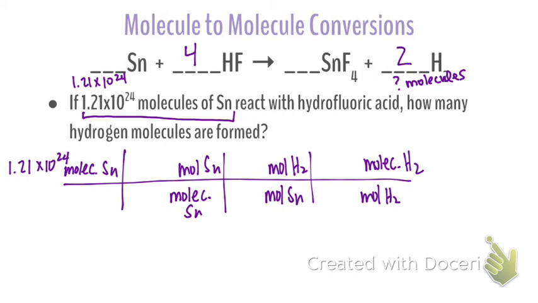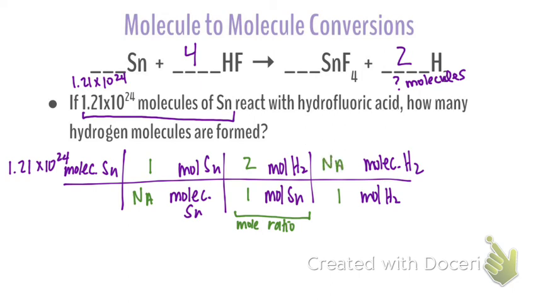So now if I pay attention here, right, moles still gets the 1. And how many molecules are in 1 mole of anything? 6.02, right, Avogadro's number. And so then here's my mole ratio step. Sn gets a 1 and H2 gets a 2.